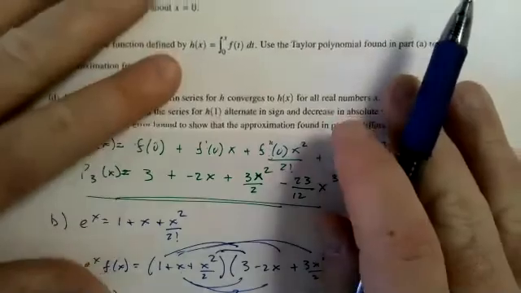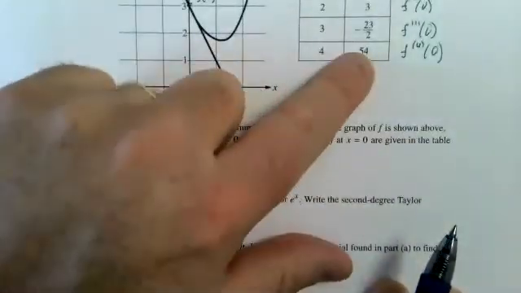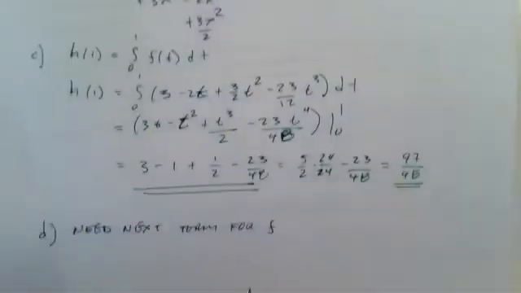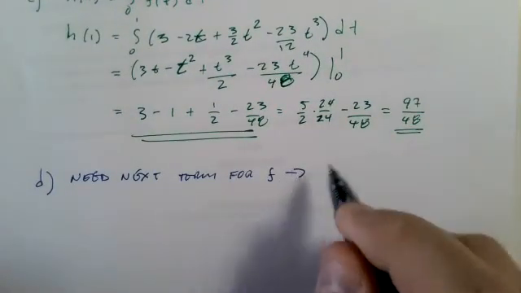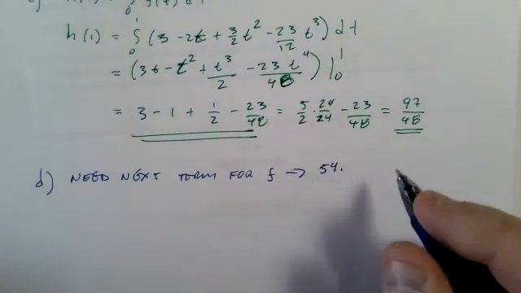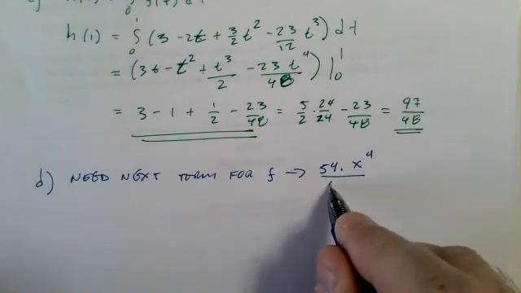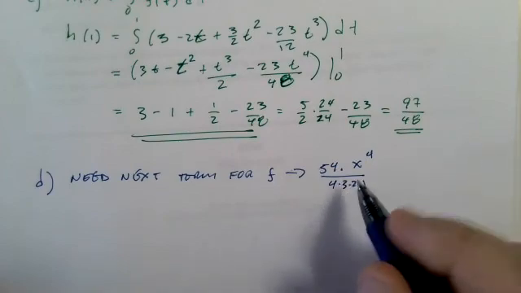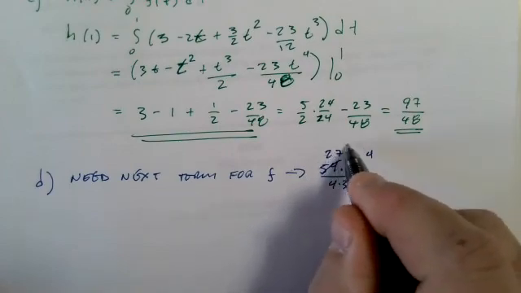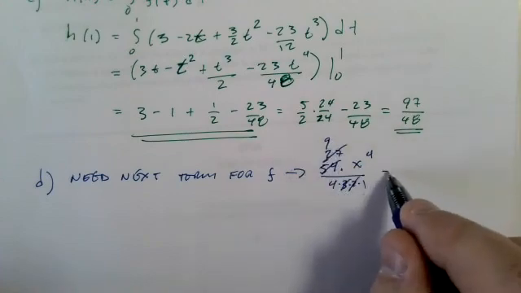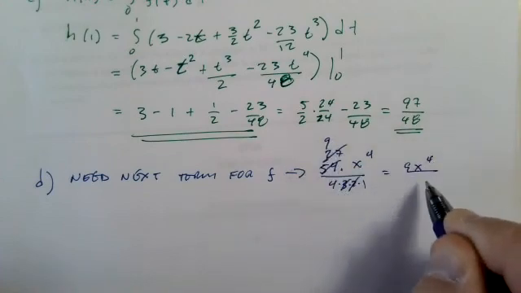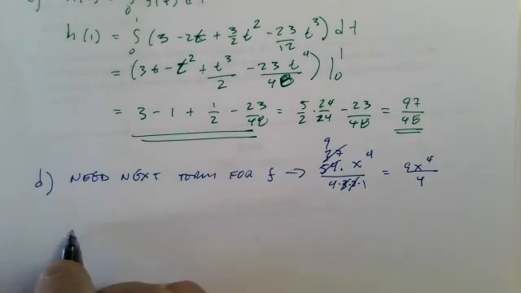All right, so here it is, 23 over 12. 54 is the next derivative. So let's get all the way down here. 54 times x to the fourth over 4 times 3 times 2 times 1. And only do that to make it easier to simplify. 9x to the fourth over 4, but we do this silly thing. Goodness gracious, I can never remember how to do this. Let's just do this.